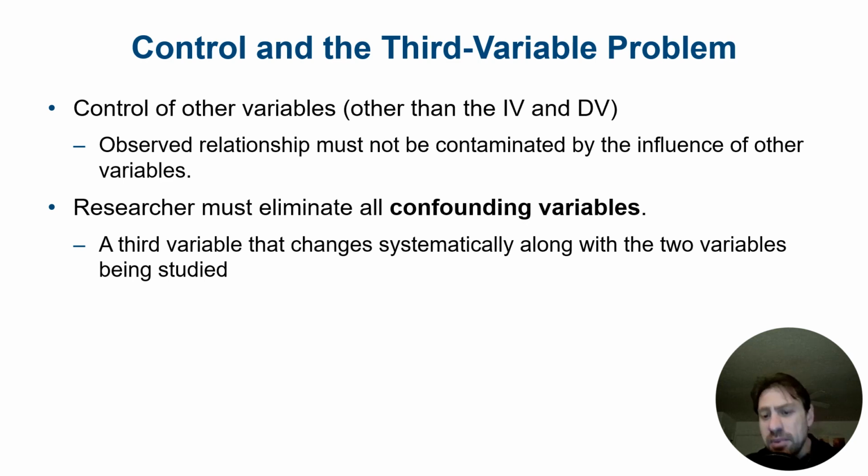And so these variables that need to be controlled, that pose a danger to your study, are called confounding variables, as we've talked about in previous slides. And a confounding variable is a third variable that changes systematically with the variables being studied.